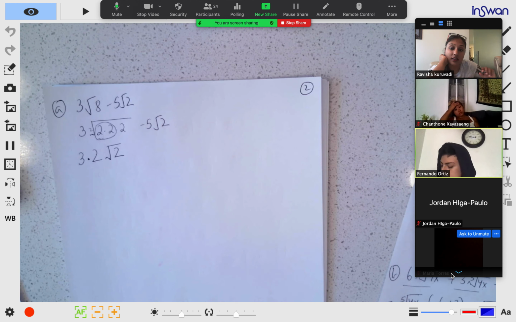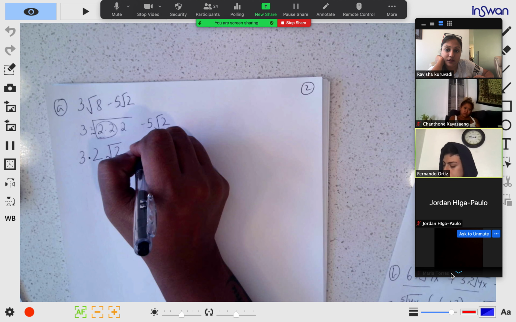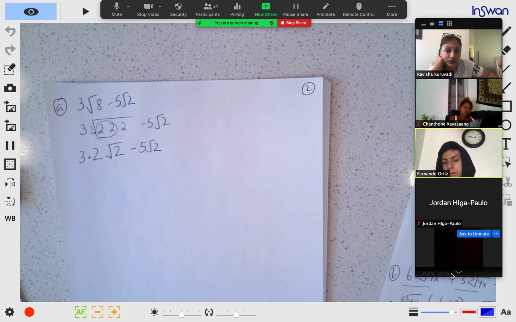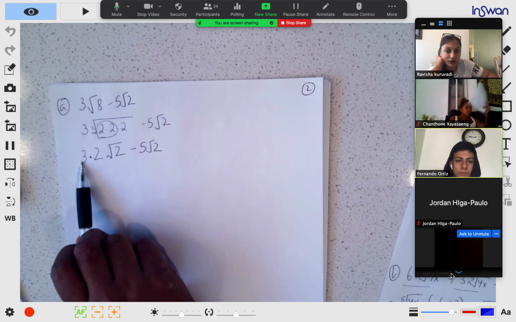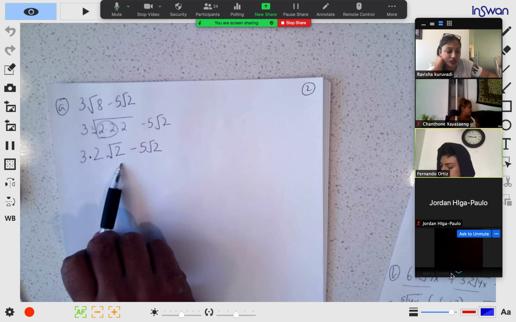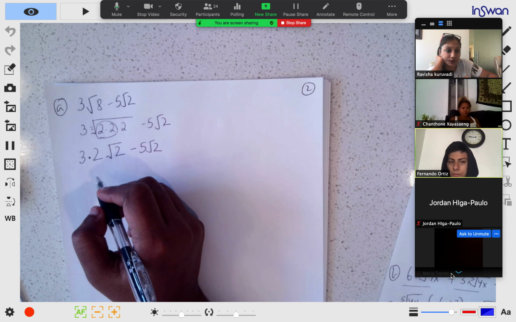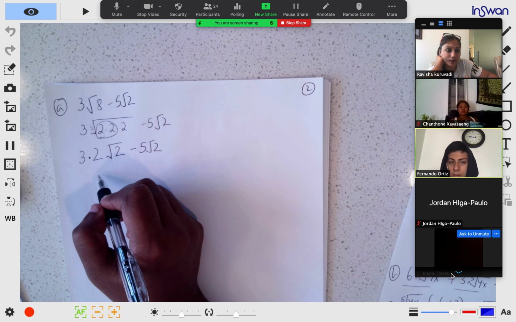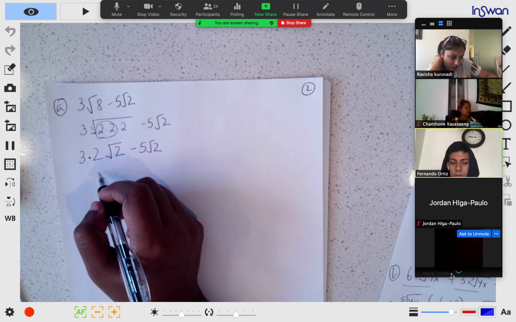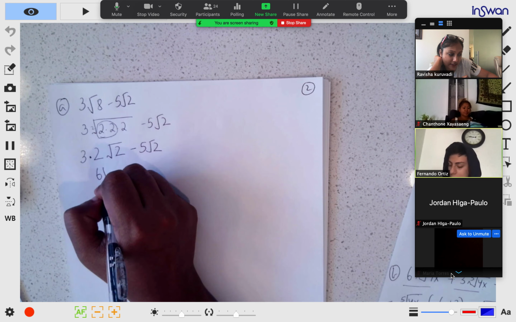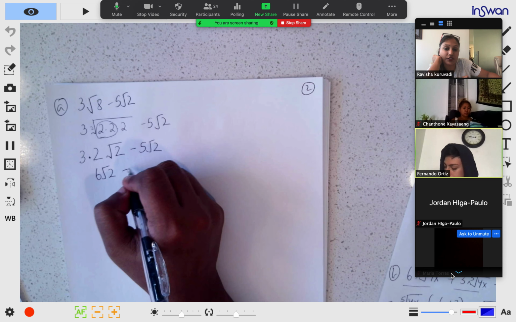Do you get it? How I got this? Yeah, I see. And then you get minus 5 root 2. What is this equal to? What is 3 times 2 root 2? It's 6 and then root 2. 6 root 2 minus 5 root 2. And how do you simplify this?